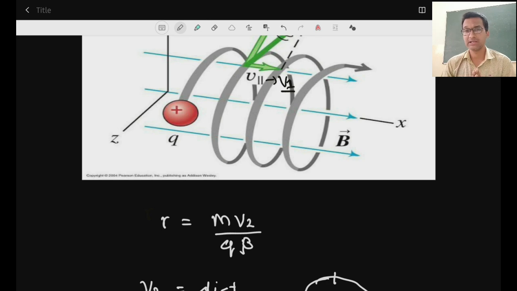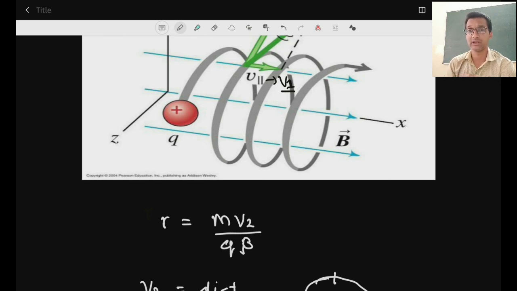What we have to understand here is, if the particle enters at an angle more than 0 degrees and less than 90 degrees, then we divide the velocity into two parts, parallel and perpendicular. The perpendicular part will cause revolution, and the radius of this circle is given by m v2 divided by q into B. But at the same time it will be traveling forward also, so it will make a helix, or coils, and it will travel some distance during one revolution.